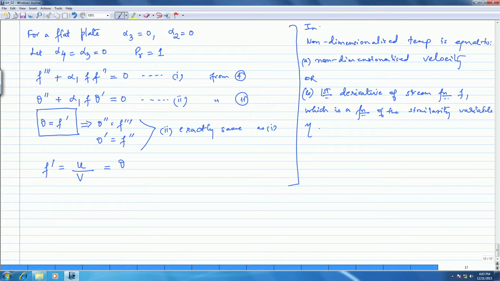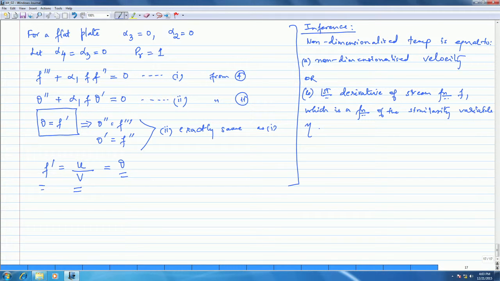You could write, inference, or the implication. So, the inference is that the non-dimensionalized temperature is equivalent to non-dimensionalized velocity, or the first derivative of the stream function, which is based on the similarity variable.